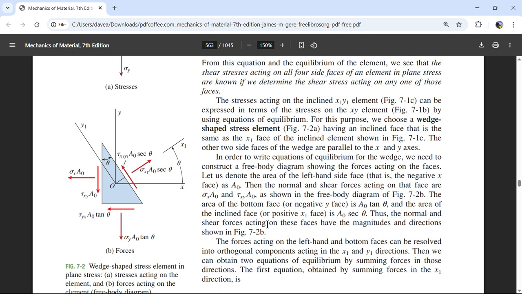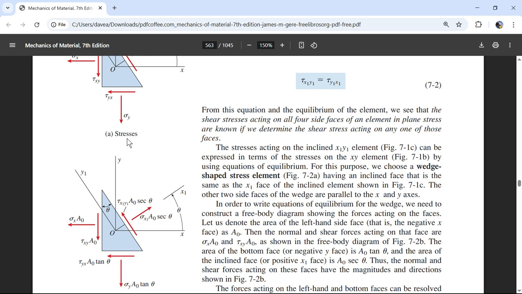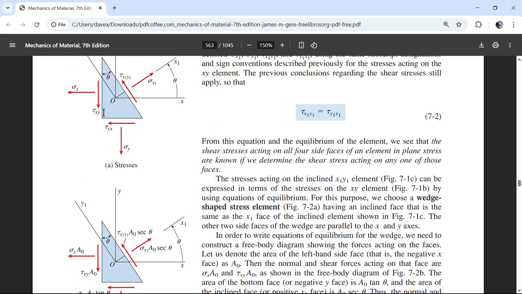Now, I came up with a few different ways to solve this, so let's just go over it. Let's sum the forces in the x1 direction. So we're going to have this force, and this is already the force diagram. So we know that this surface is A naught, so this force is sigma x A naught.